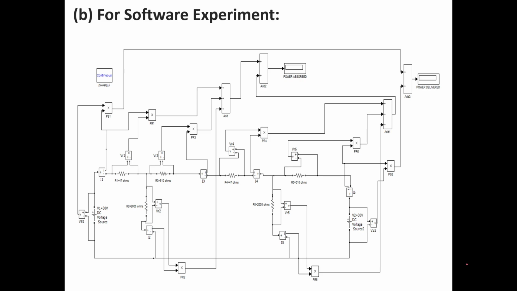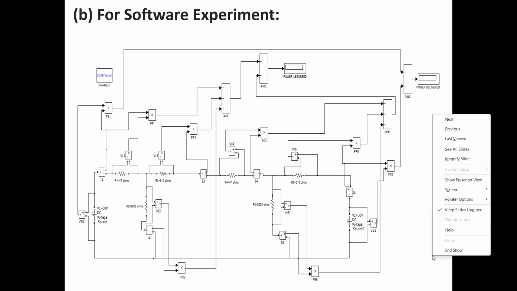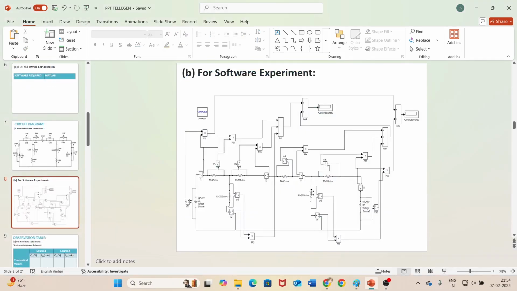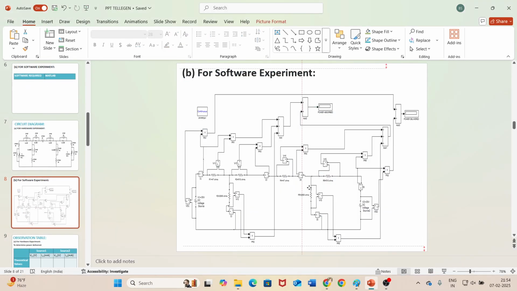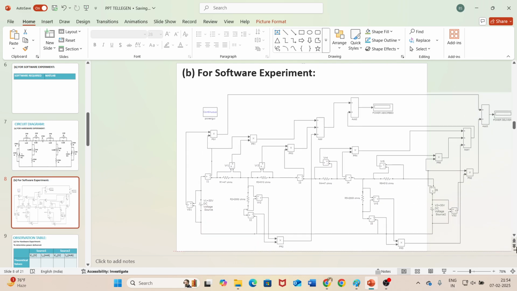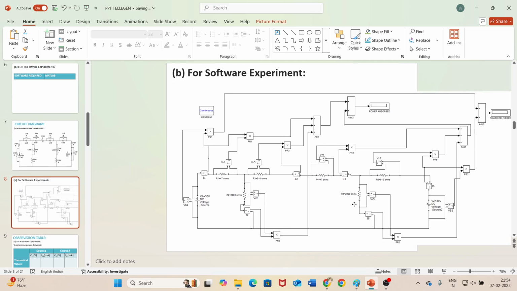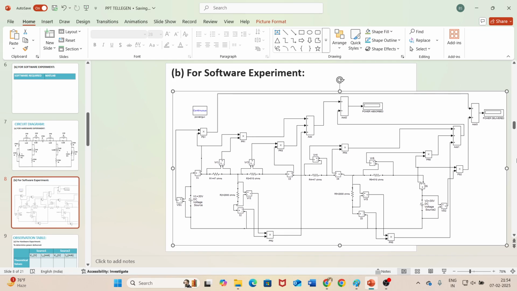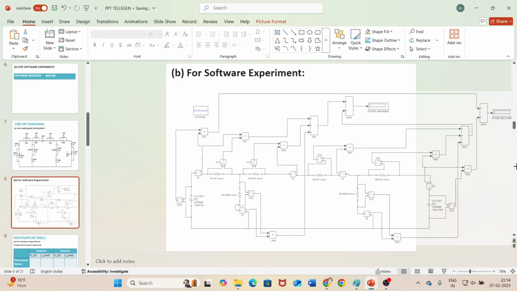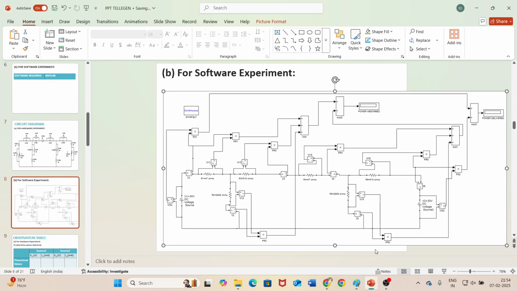So I thought you can just pause the video and copy the circuit, or I will zoom it so that it is more clearly visible to you. I will zoom the first part. So I will just expand it.